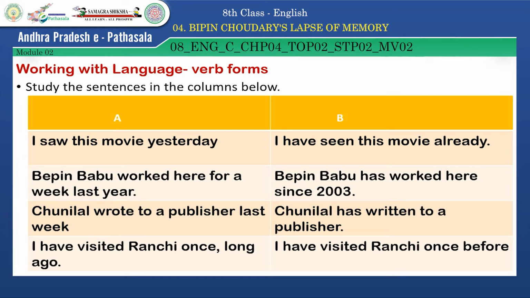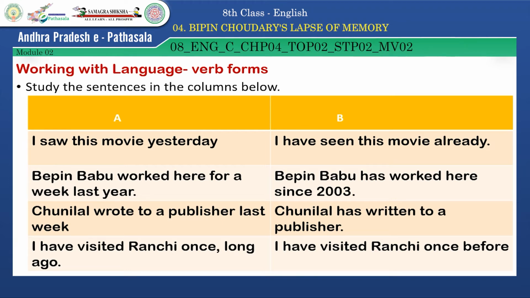So completed action, simple past tense. Here in column B, Bipin Babu has worked here since 2003. He is working here still. So it has relevance to the present action also. So it is present perfect.